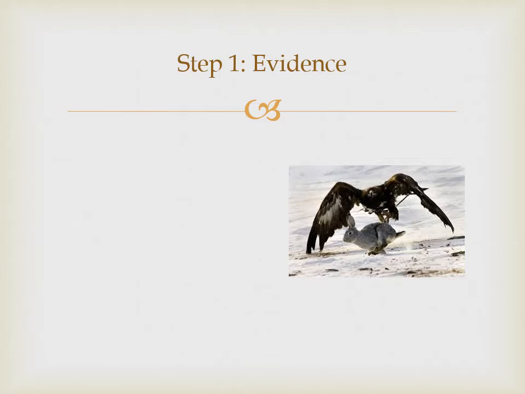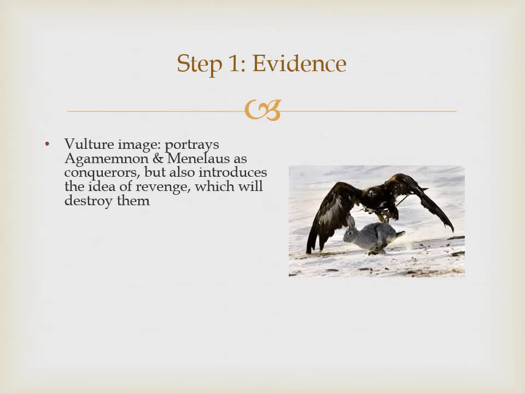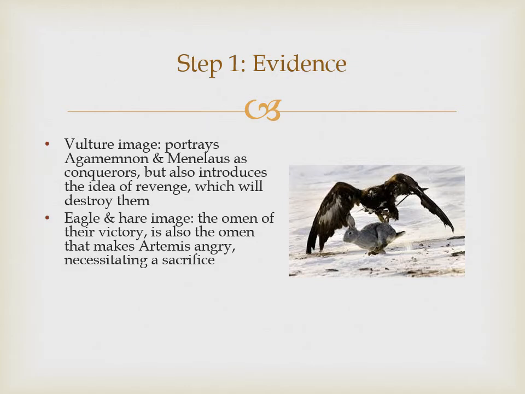The image of the eagle who captures the pregnant hare. It's an omen of their victory. It indicates that they're going to be the winners at Troy. This is good news. But that omen, that destruction of the pregnant hare, also makes Artemis, who's the goddess of the hunt and the protector of hunted animals, angry because of the needless slaughter of the hare's babies.